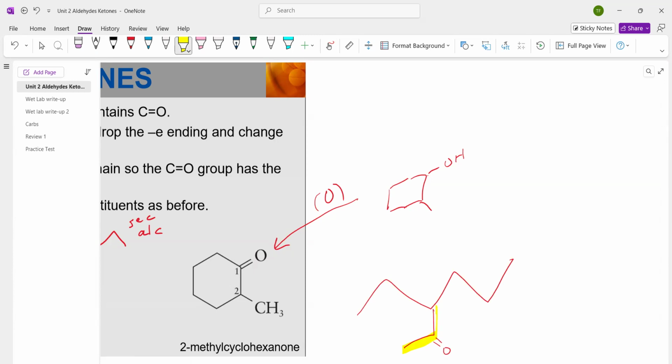If we go to the right, it's 3. So we're going to go to the right. I'm starting this end. So ketones cannot be on the end. So this is a hexanone.